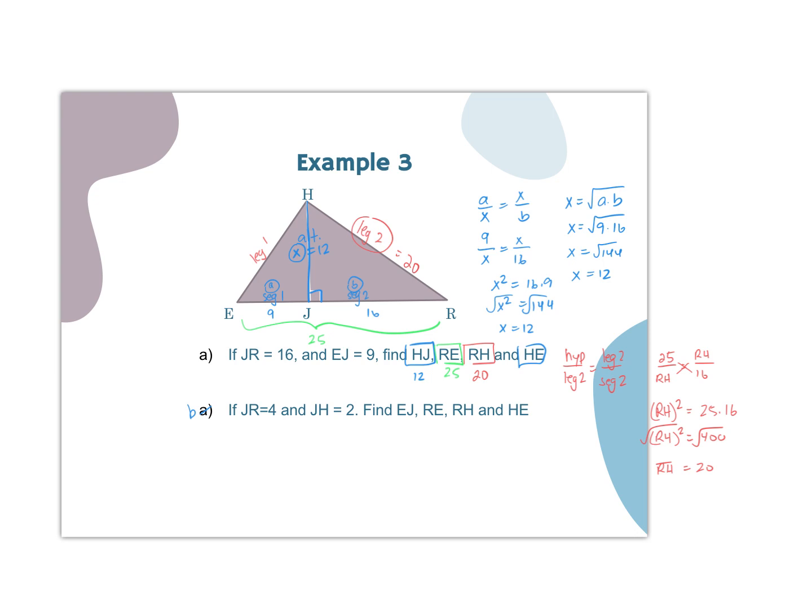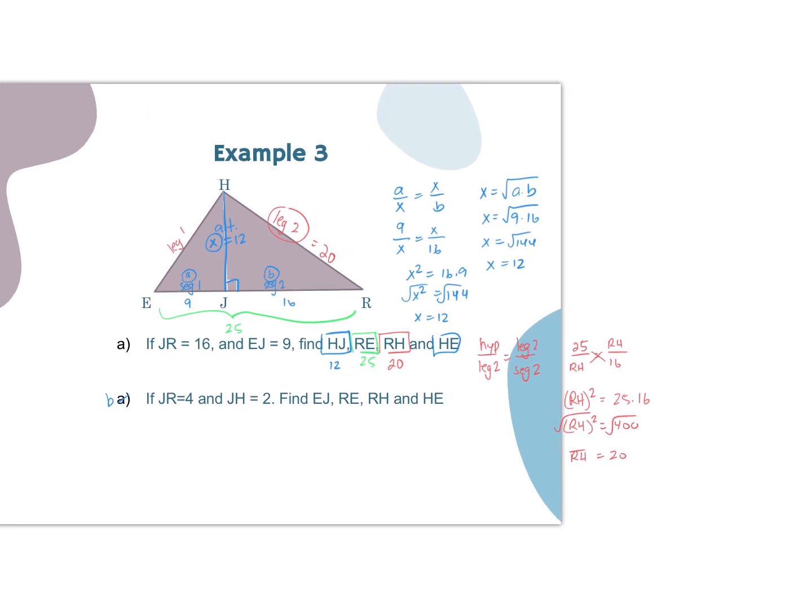So again, in this formula, I'm going to do hypotenuse over leg 1 equals leg 1 over segment 1. So my hypotenuse is still 25. Leg 1 is EH. I don't know what that is. So EH, the length of EH, and again, segment 1 is 9.